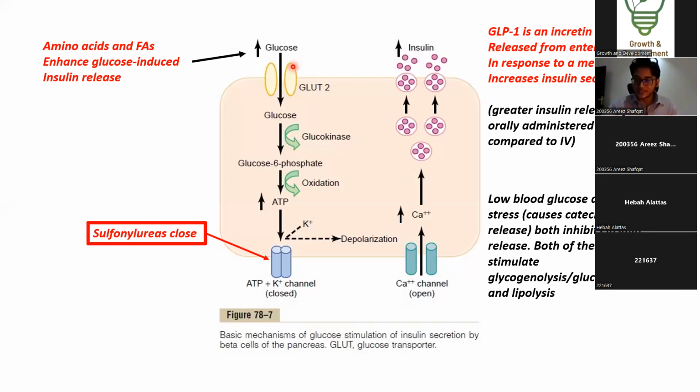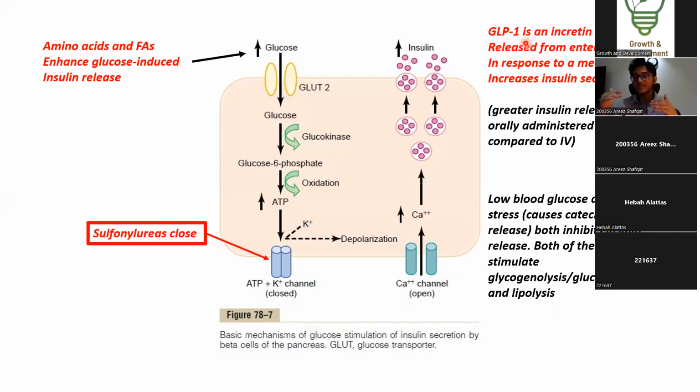So now, does it make sense to you that if you give glucose IV versus if you give glucose orally, the oral glucose will cause better stimulation of insulin because of GLP-1? If you give glucose IV, GLP-1 won't be released. So that extra stimulus for insulin secretion is not there, and so you have less insulin release.